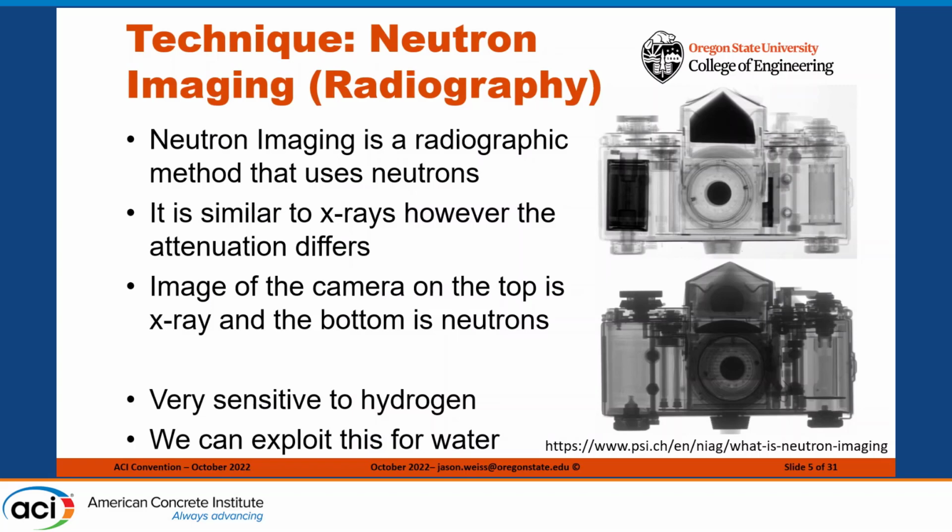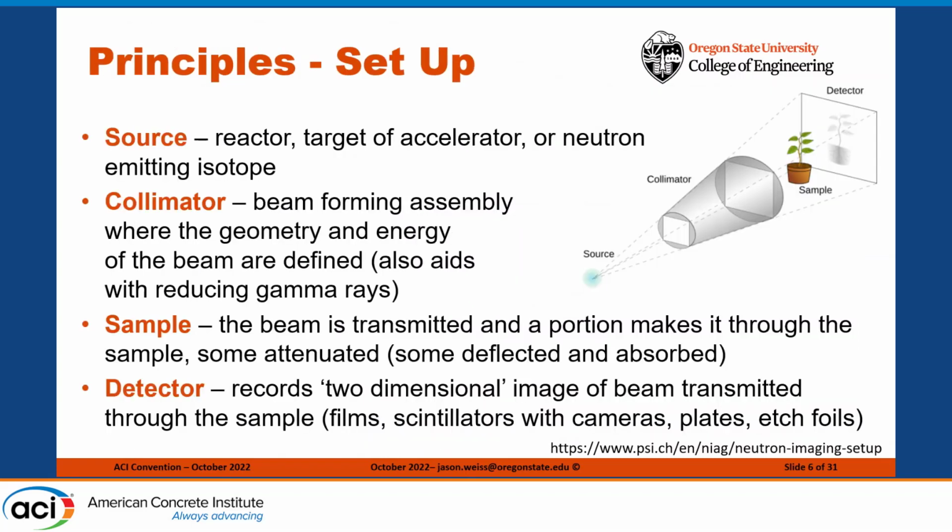What you can take away is that X-rays are really based on density, as David was mentioning earlier, whereas neutrons are based on how the beam interacts with the nucleus of the material. So different elements have a different response, and as we'll see, neutrons are very sensitive to hydrogen. Because of that, it gives a great way to start tracking things like water in these systems.